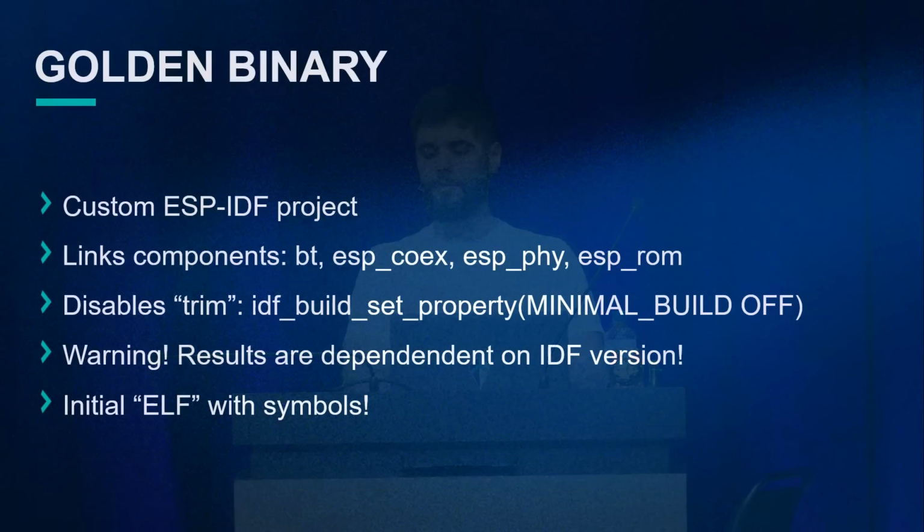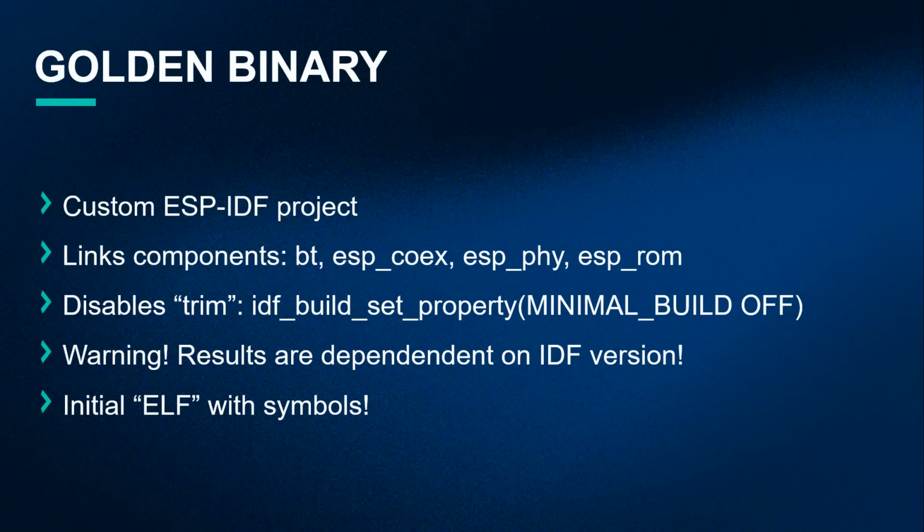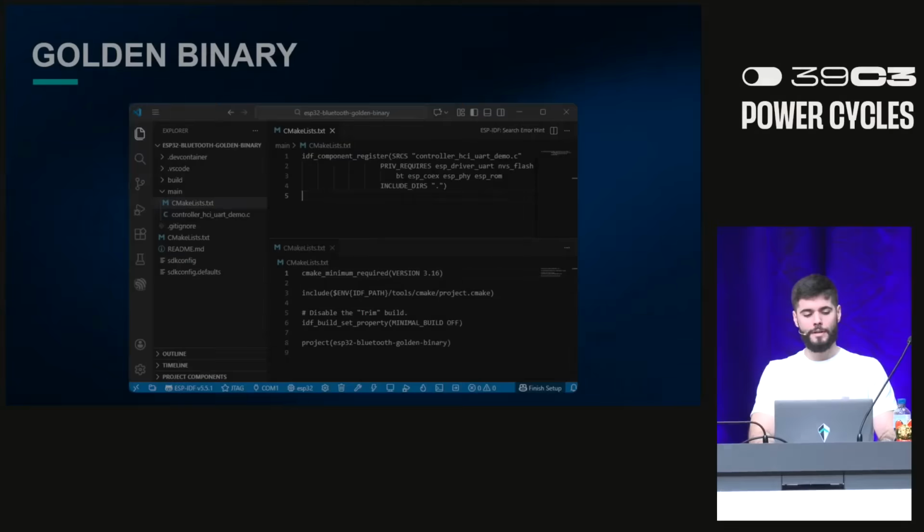Just a word of caution: the ESP-IDF version will affect the output a lot, because different versions of the libraries have different functions and different information in them. So it will be nice if you compile this for different IDF versions.